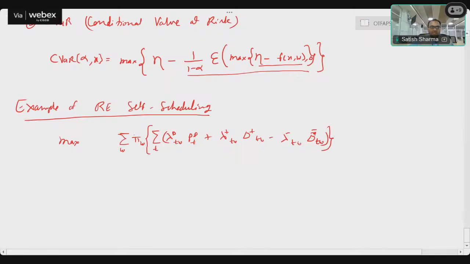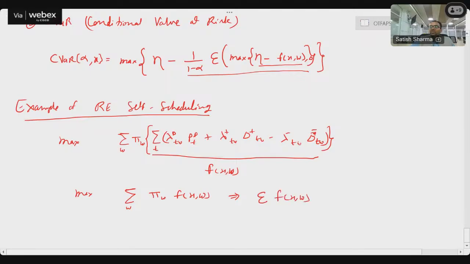So this entire internal term I can just replace as fxw. So this entire function is maximization of summation over w, pi w, fxw. This is how I can put it, and this is nothing but the expectation of fxw. This is also the expectation of the function value with respect to the scenarios.